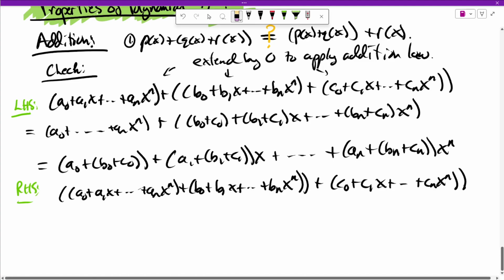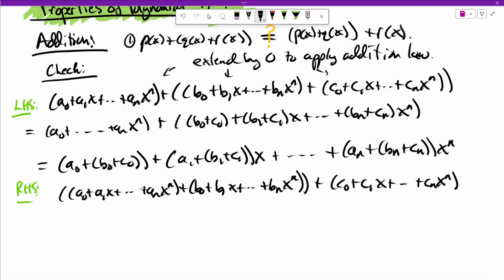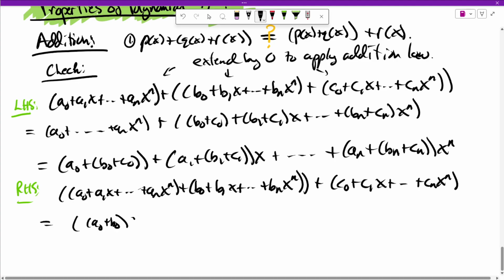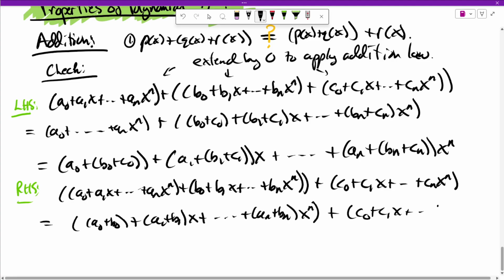Oops, extra parentheses. All right, so we have to compute that sum now. We have to add our a's and b's first. So that's going to be a0 plus b0, plus a1 plus b1 x. And we keep going, combining like terms till we get to that. And then the c comes along for the ride.